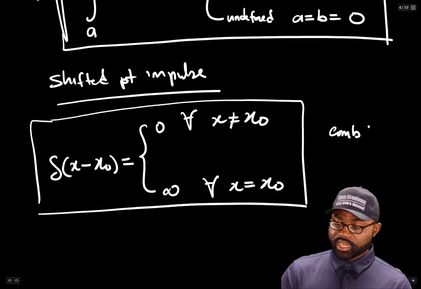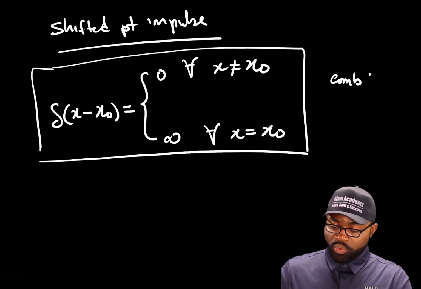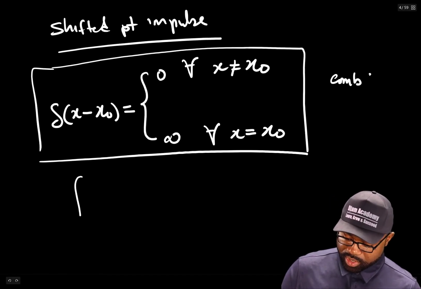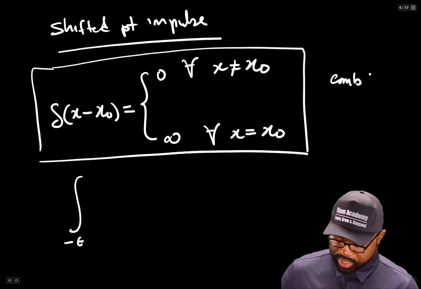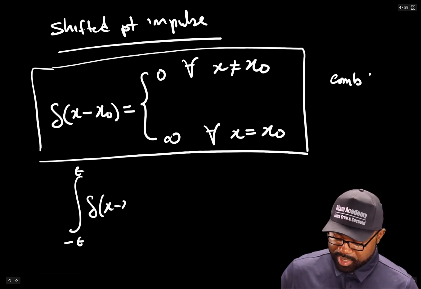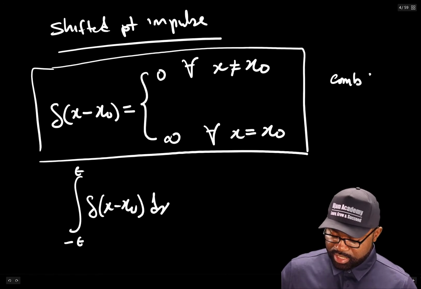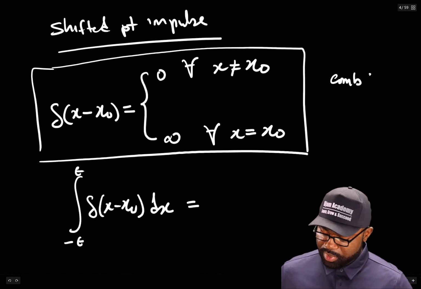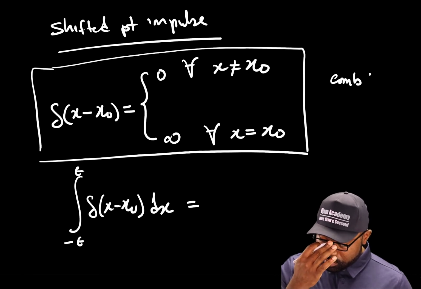Now keep in mind that the integral from negative infinity to infinity of delta(x minus x naught) dx will be equal to 1.